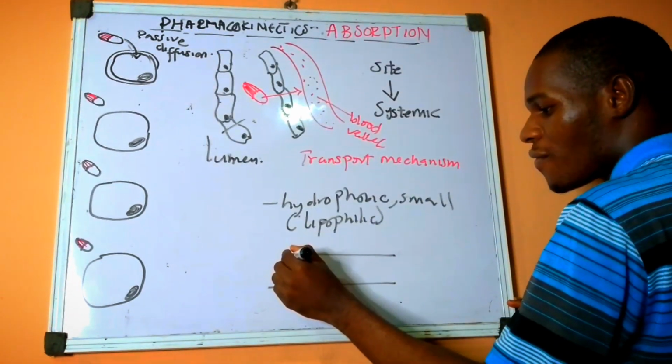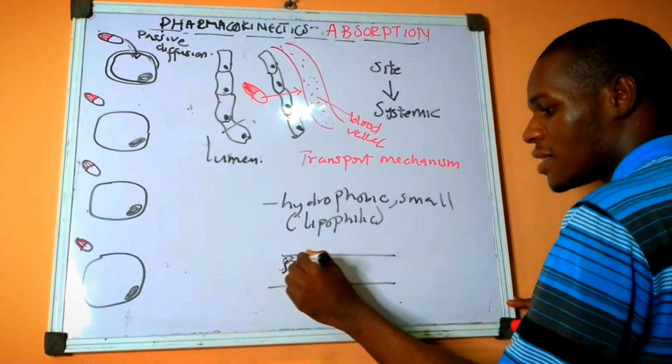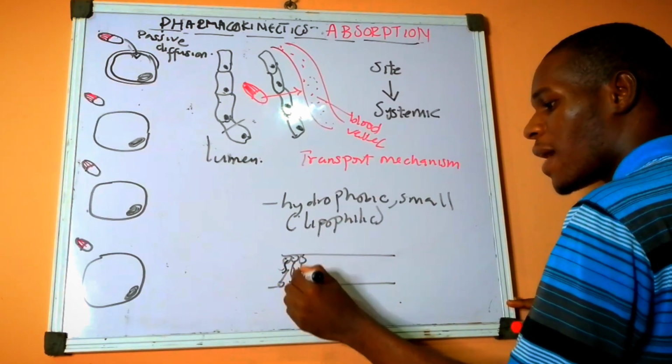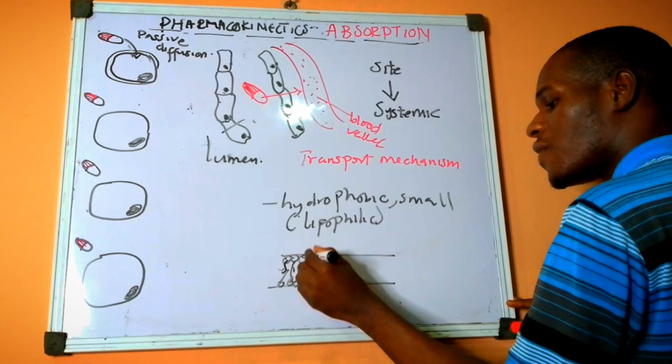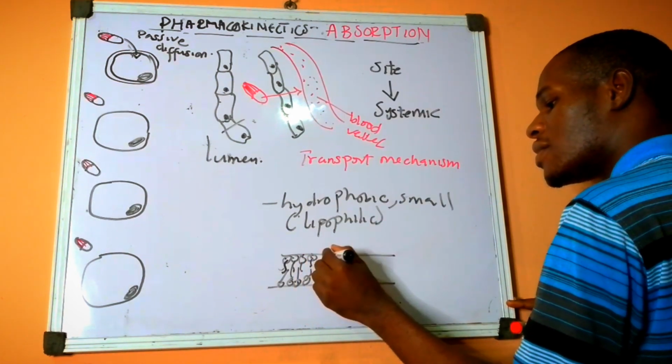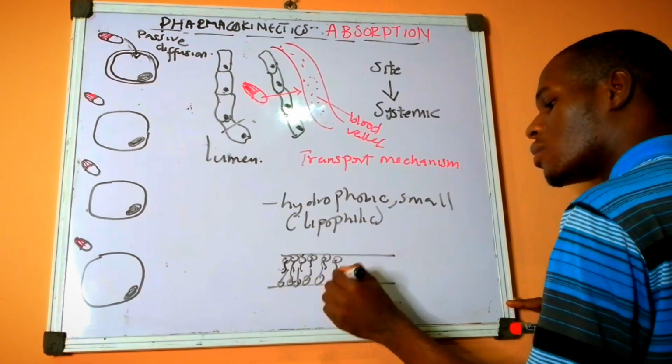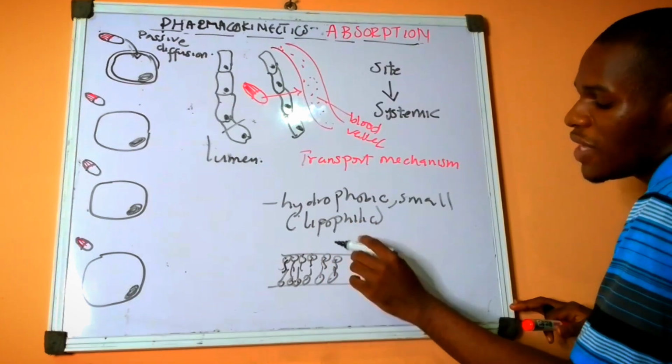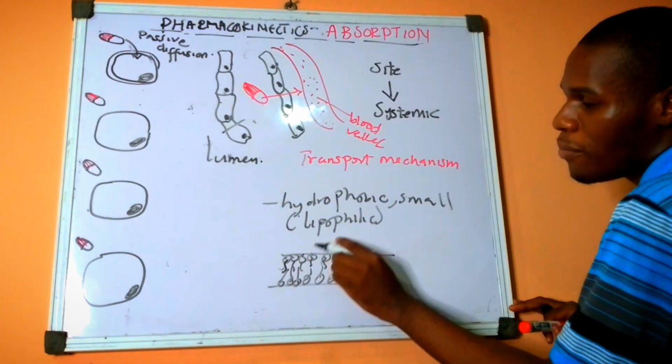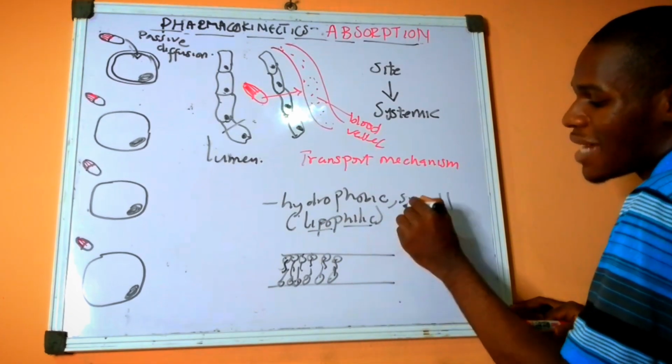So we have our phosphate head and our fatty acid tail, and anything that can easily diffuse through the cell membrane ought to be lipophilic and small.